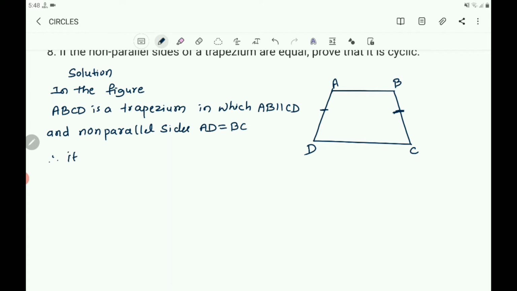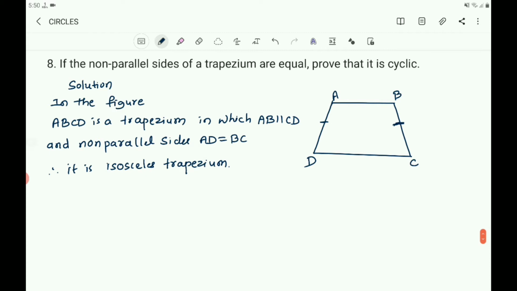Therefore it is an isosceles trapezium. Here ABCD is a trapezium. As its non-parallel sides are equal, it is an isosceles trapezium. So in a trapezium, if non-parallel sides are equal, then it is called an isosceles trapezium. And here you know the property of trapezium and also the special property of isosceles trapezium.